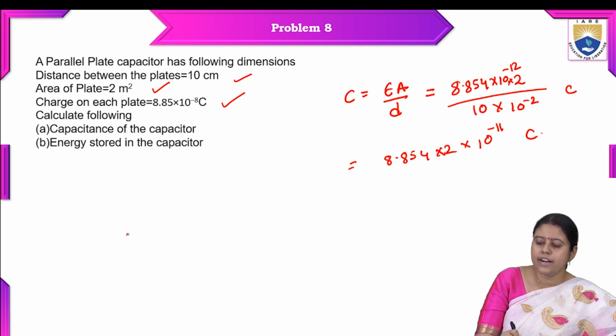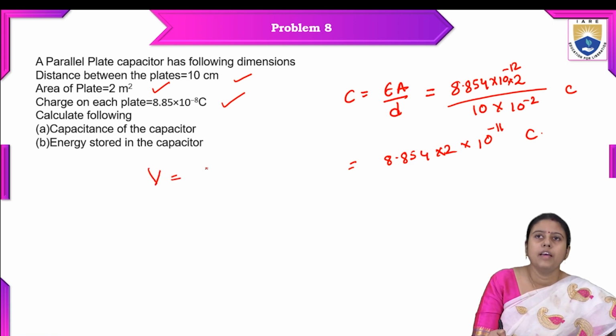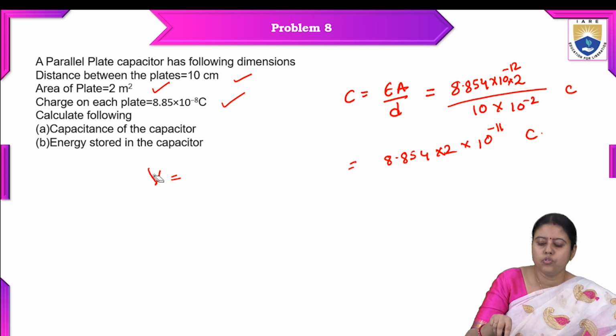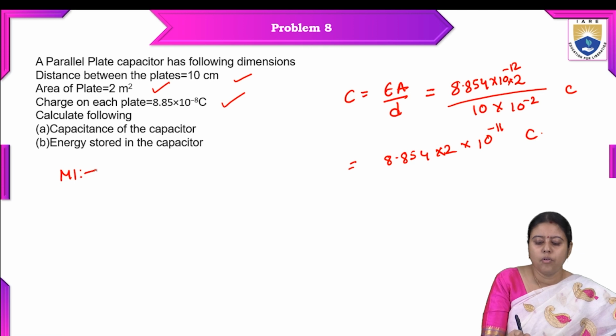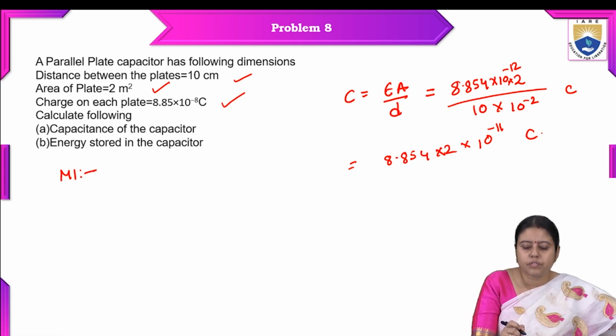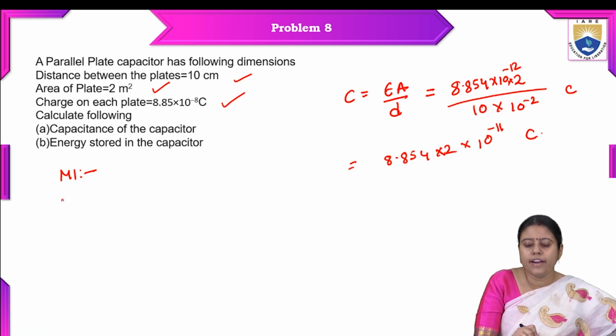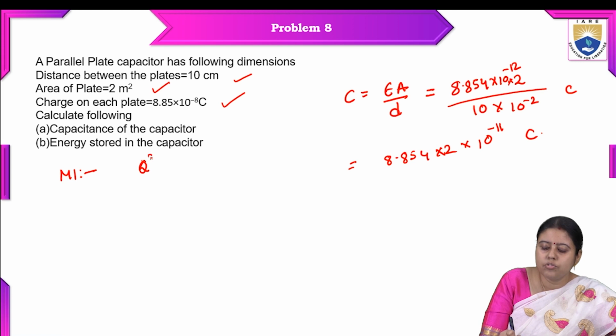So what is the energy stored in the capacitor? First we have to calculate the V. How to calculate the V? We can solve this problem in two ways. Method 1: for the energy stored in the capacitor, we can use the formula Q square by 2C.